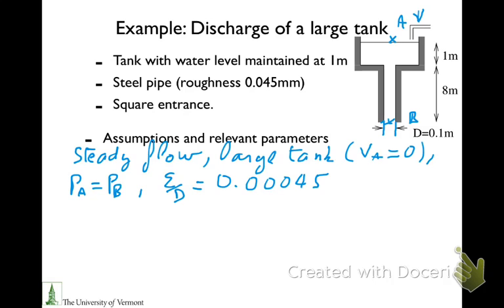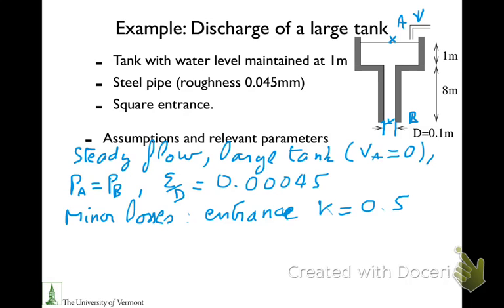The fact that we have a square entrance gives us an idea of the minor loss coefficients. For the entrance, if you look up in your book, for a square entrance, k equals 0.5, so we're going to call that k in, and for the exit, k out is equal to 1. That's the standard when you have an exit to an infinite domain. Alright, so we have pretty much everything we need.